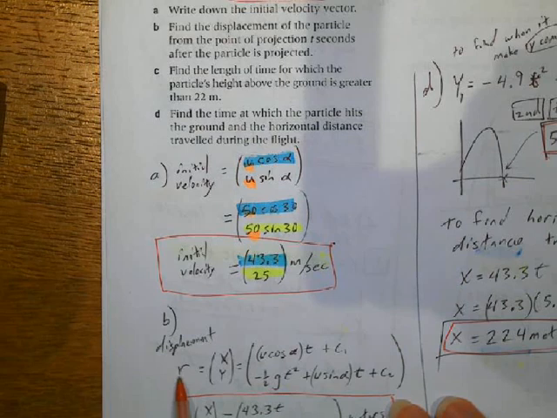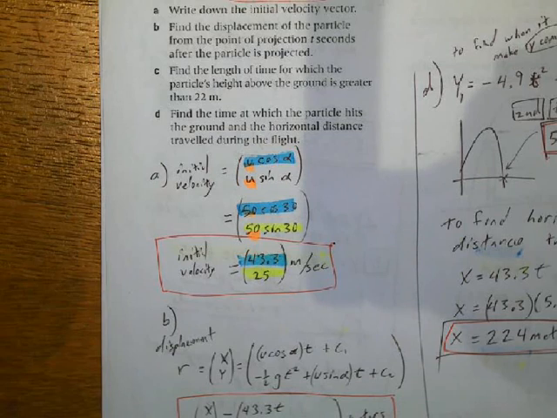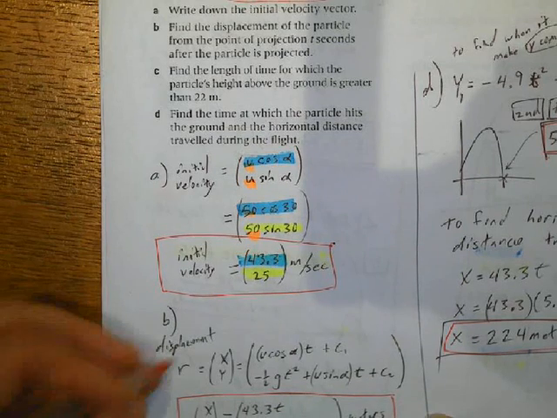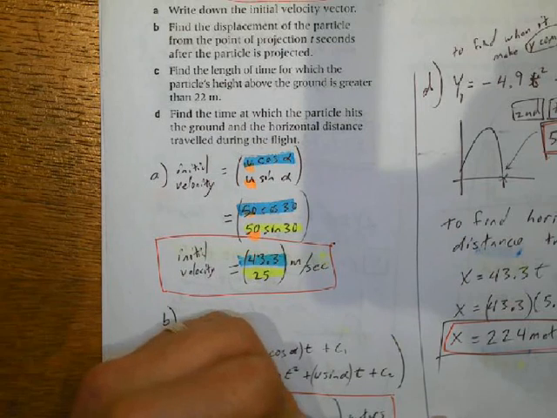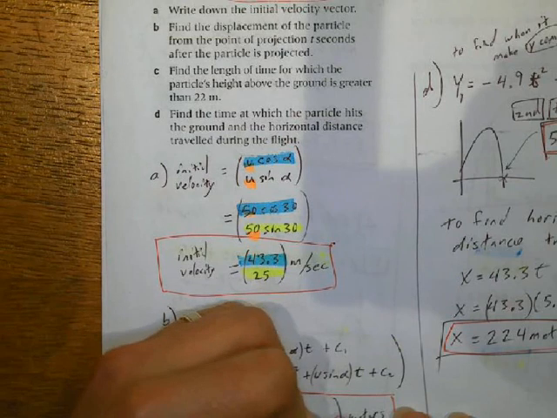So here's our displacement formula from the earlier page, but we should have here plus 2. I don't know why I didn't write that there.